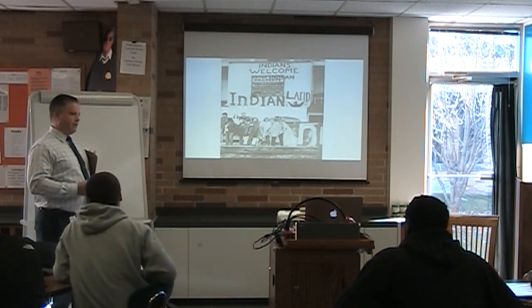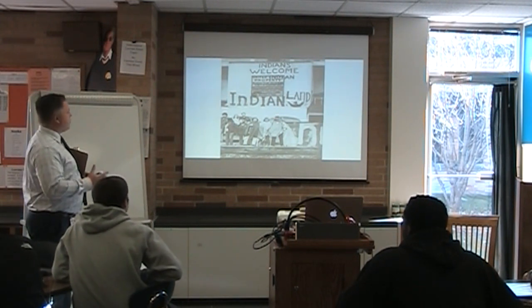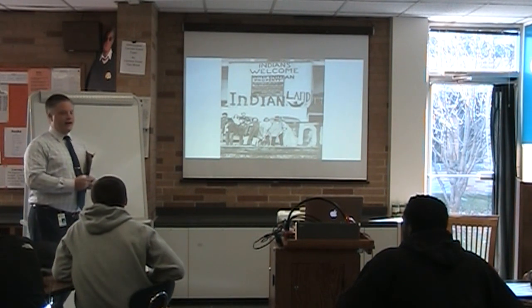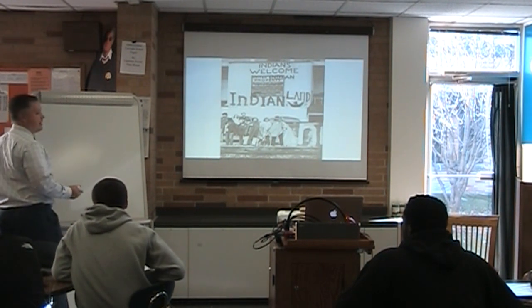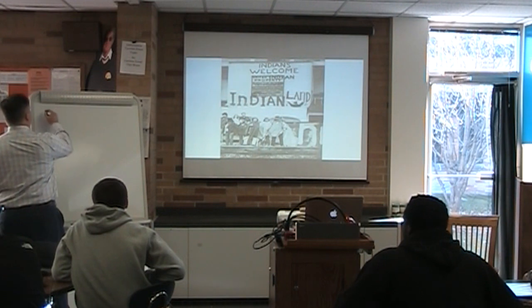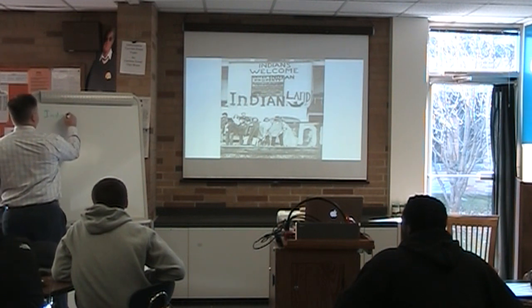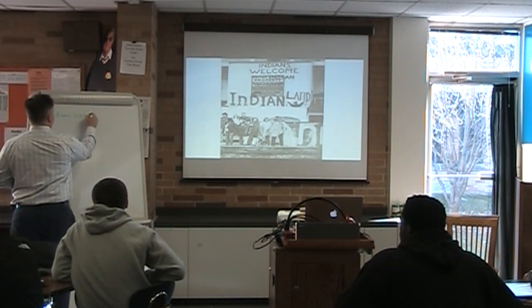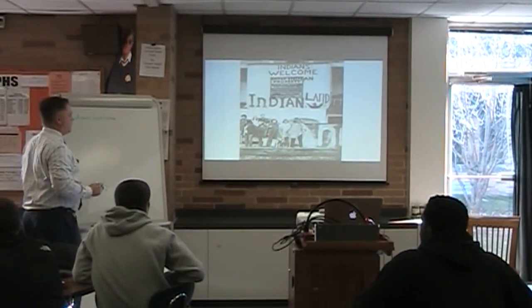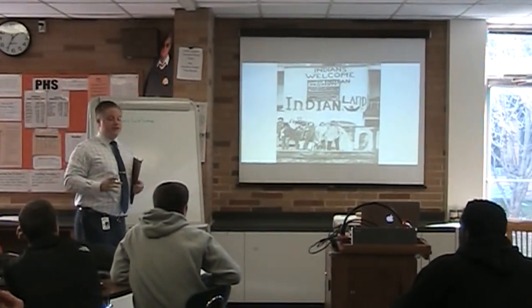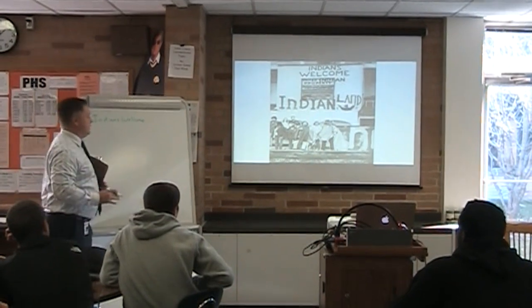That leapt out in my mind. So I'm probably going to want to write down those items. For example, at the very top, we see Indians welcome. Below that, we see in even larger letters, Indian land.